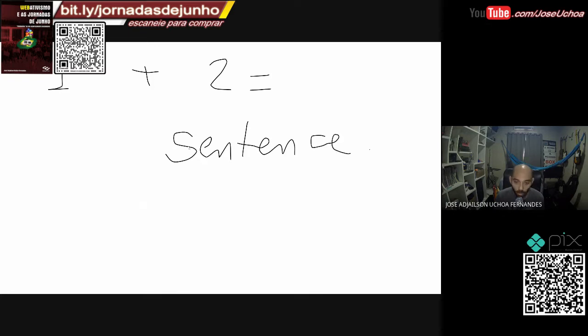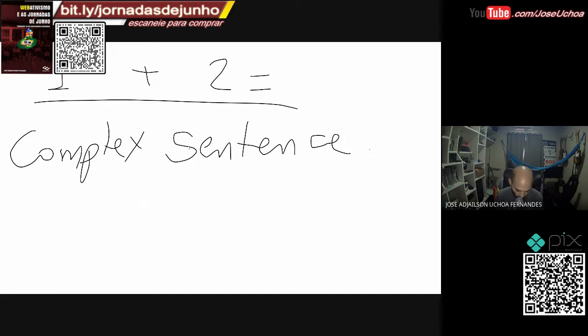But this is not a regular type of sentence. It's a complex sentence. Why complex? Because it expresses two ideas by means of using a conjunction. Instead of the plus sign, I use and.